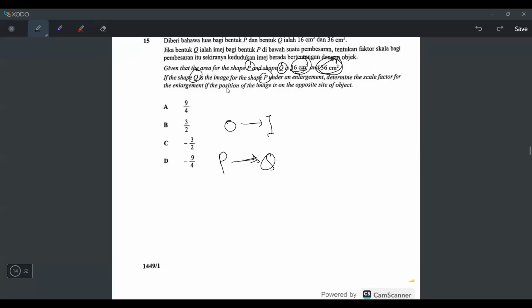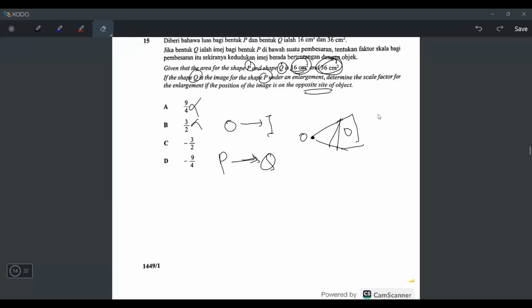determine the scale factor for the enlargement if the position of the image is on the opposite side. So we all know it's not A and B. The reason is because if the image is on the opposite side of the object, then the scale factor is negative. Let me explain. If the center is here, and this is the object, and I enlarge, the image will be here, on the same side.